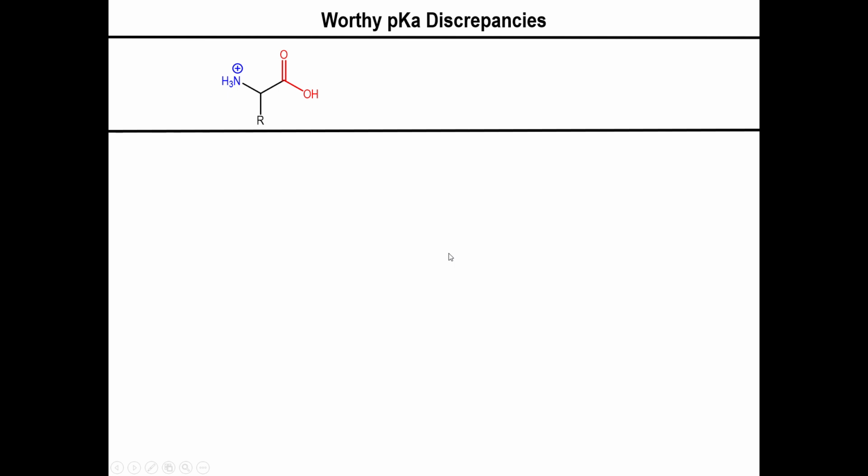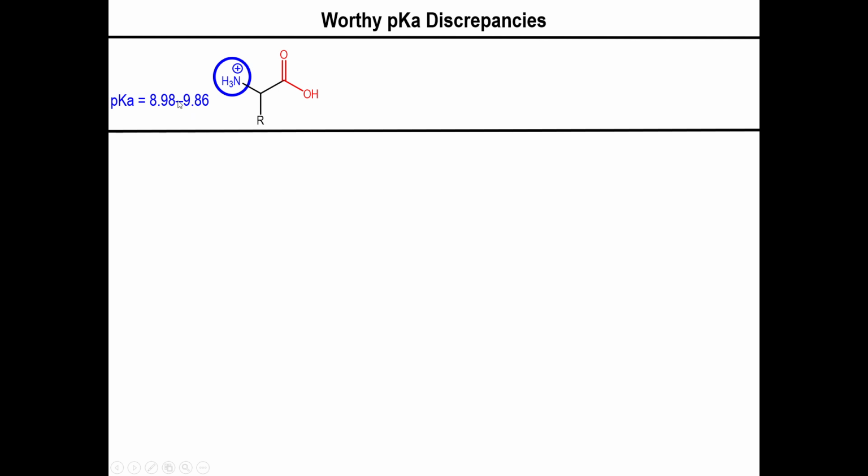All right, now with that said, I wanted to highlight a few amino acids that have some worthy discrepancies, just like the title describes. For this to make sense, I'm going to show you the range of pKa values, including the standard deviation. I took the average and subtracted the standard deviation from it, which gave me a lower value of 8.98 for the amine group.